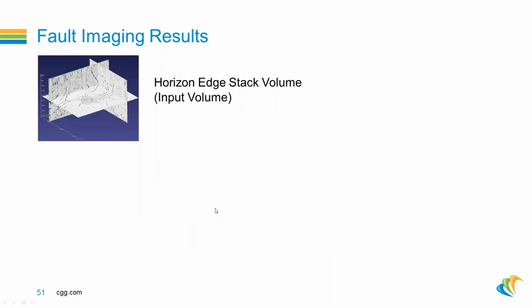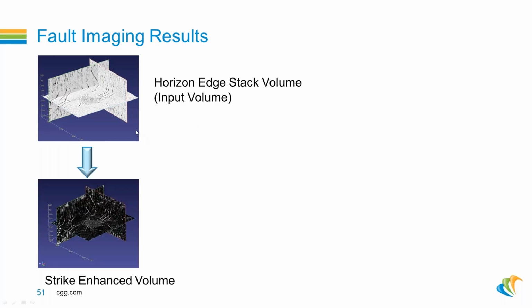In the fault imaging result, after calculating this horizon attribute, this is called the horizon edge stack. It's one of the core attributes that we use in InsideEarth. We will use that as an input for the fault imaging task, and then it will create the strike enhanced volume.